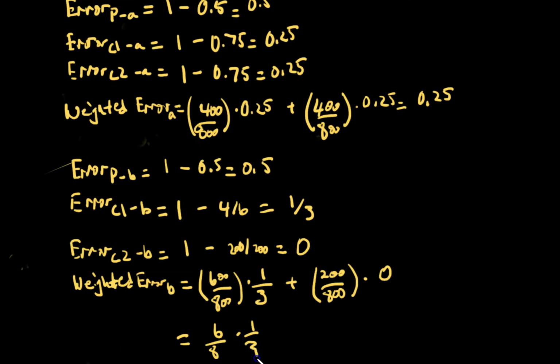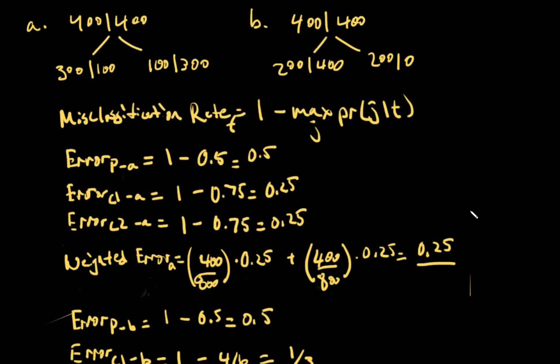So that's what? It's going to be 2, so that's going to be 1/4. Or this is going to be 0.25. Oh, okay. So this weighted error of B is 0.25 right here. And the weighted error of A is also 0.25.